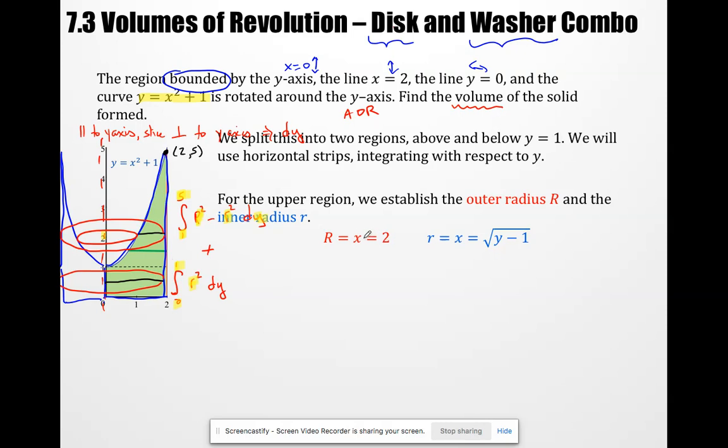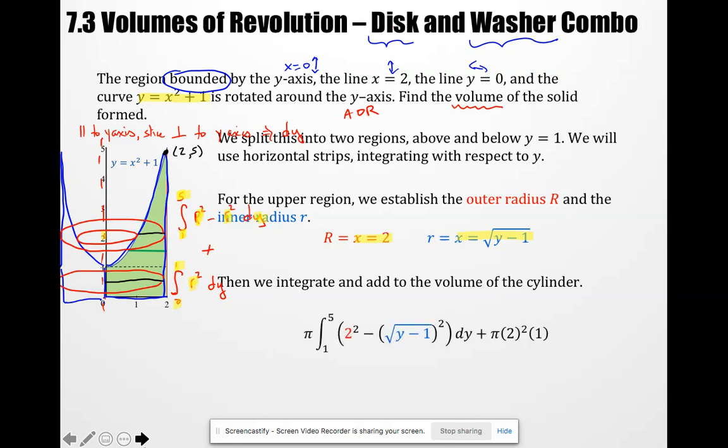X equals 2. I already had the x value. But then the short radius, I had to get, y minus 1 plus or minus square root. This was the positive piece in quadrant 1, so I have the positive square root of y minus 1. So I have pi going from y equals 1 to y equals 5, big radius minus small radius, both of them individually squared.